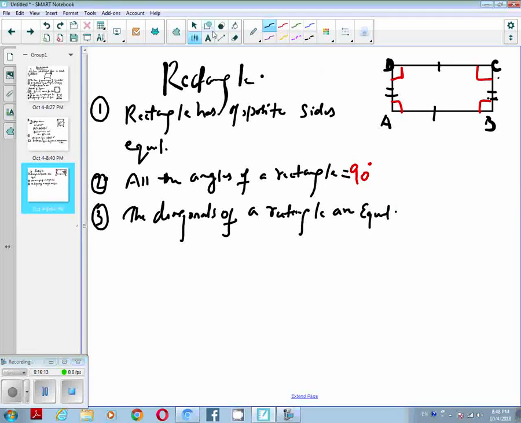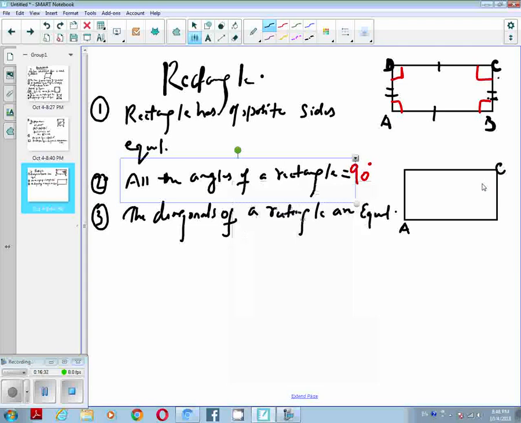That means this is diagonal AC, this is BD.